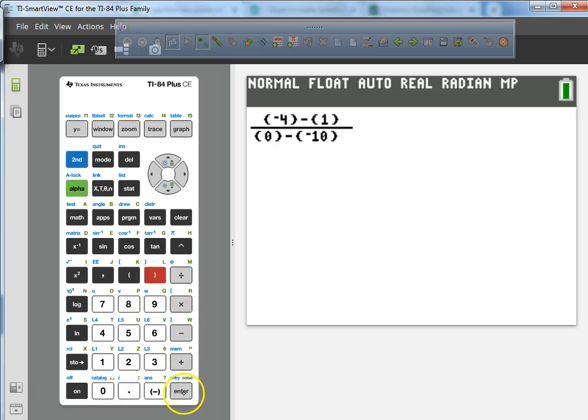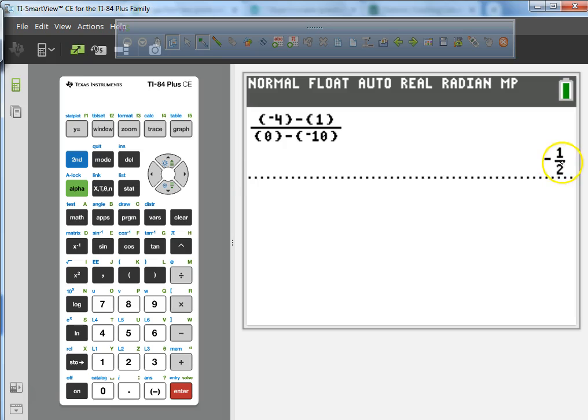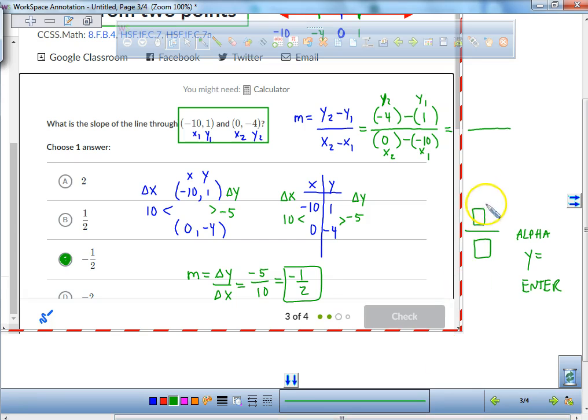And then you press enter, and what does it spit out? -1/2, if you use parentheses and type in everything exactly as it appears. Here we get -4 minus 1. By hand, it's a -5. Here we get 0 plus 10, which is a 10, and that still reduces to -1/2.